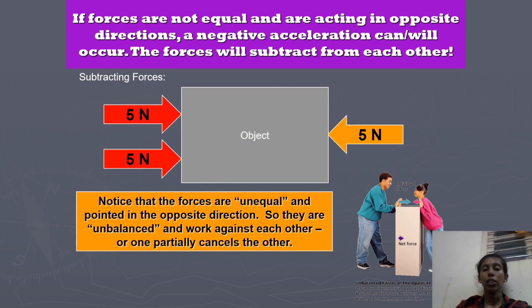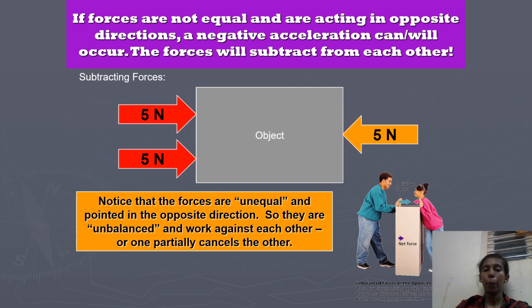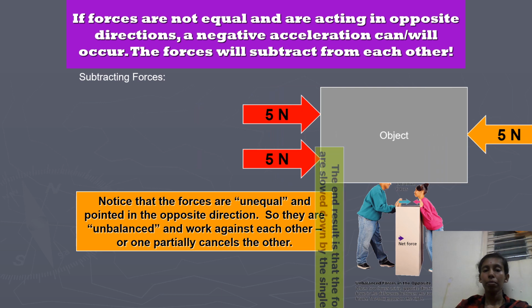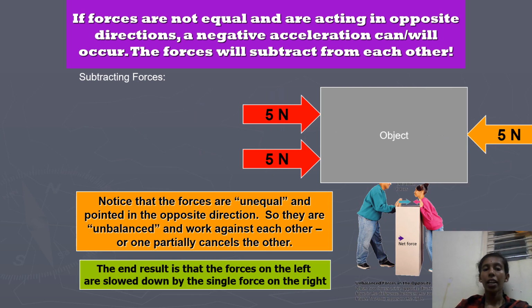Notice that the forces are unequal and pointed in opposite directions, so they are unbalanced and work against each other, or one partially cancels the other. The end result is the forces on the left are slowed down by the single force on the right.